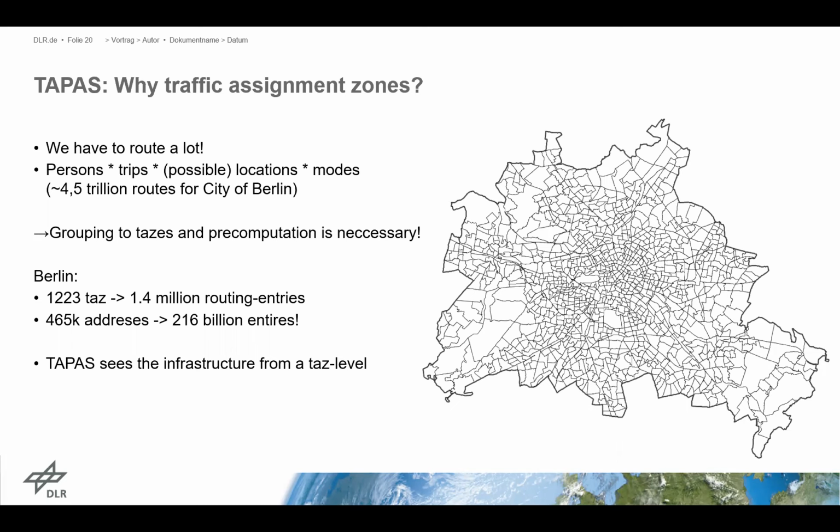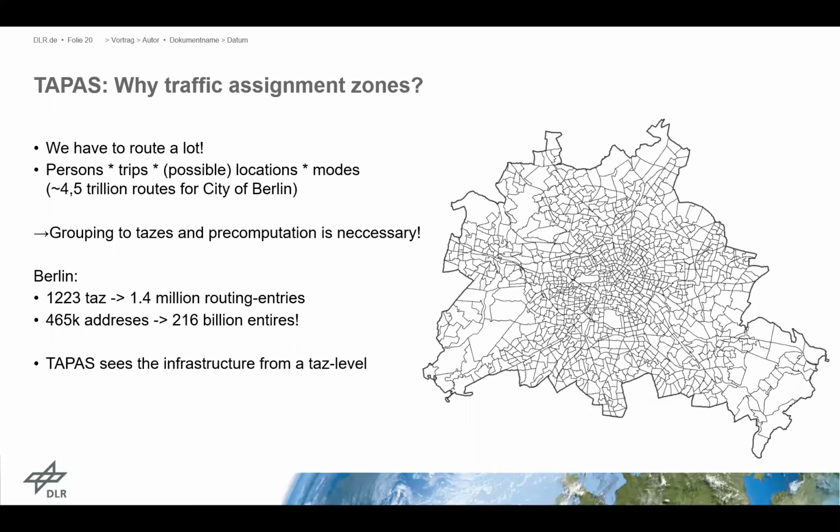If you look at all the possible 465,000 addresses, then you would end up with an OD matrix of 216 billion entries, and we don't have that much memory in our computers. It might be possible in future, but not for now.